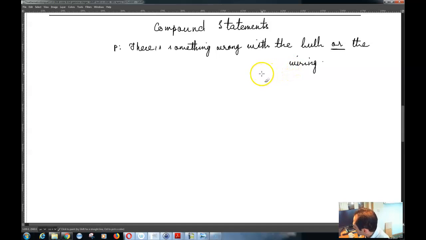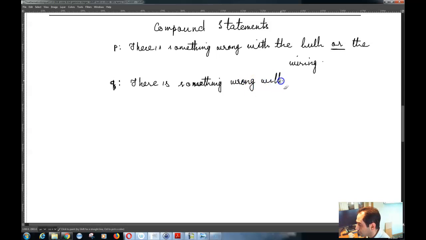That means that basically this statement is actually made up of two smaller statements, meaning that you can write this statement as two smaller statements. Q: There is something wrong with the bulb.